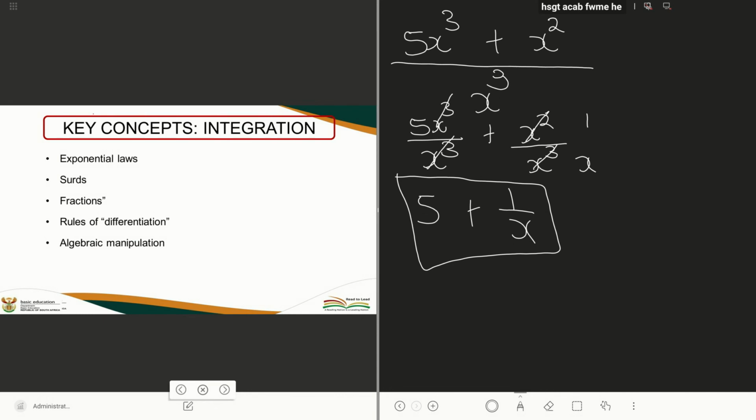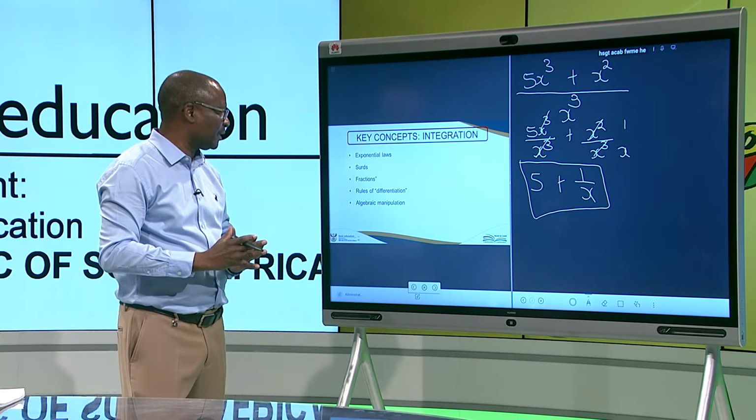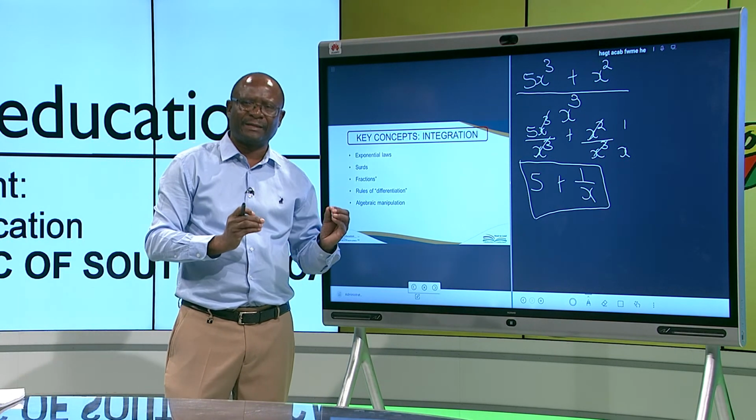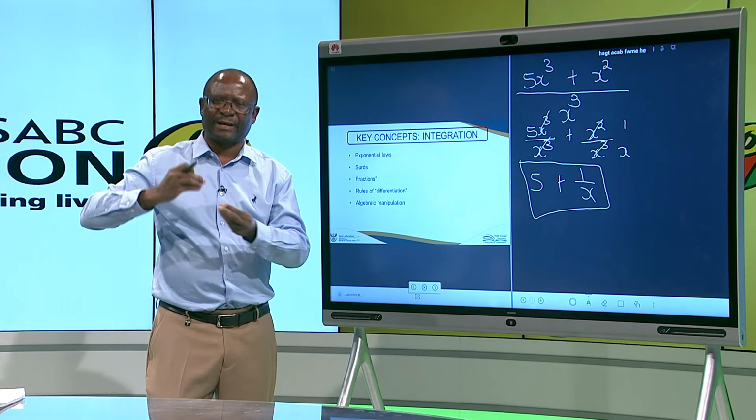Another concept which is very important in understanding integration is the rule of differentiation. Like we have said earlier, integration is the reverse process of differentiation.